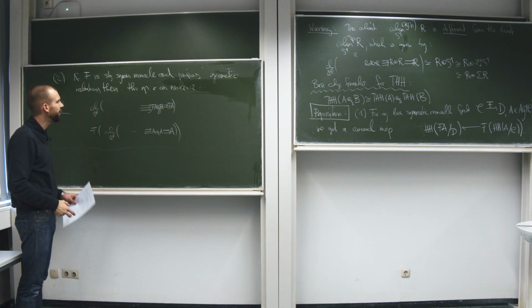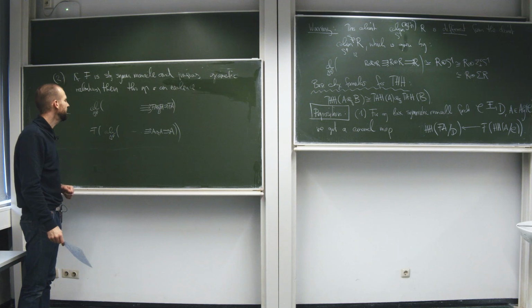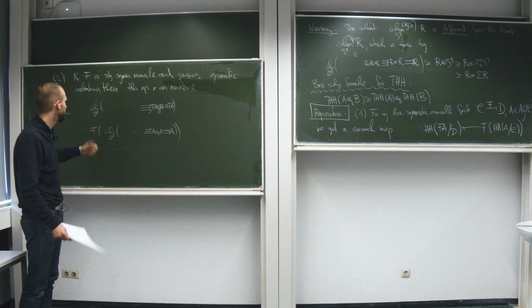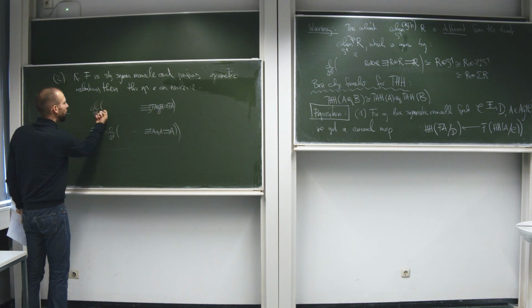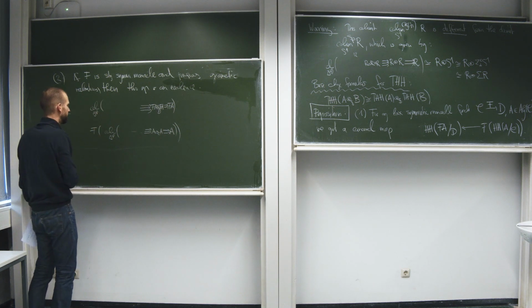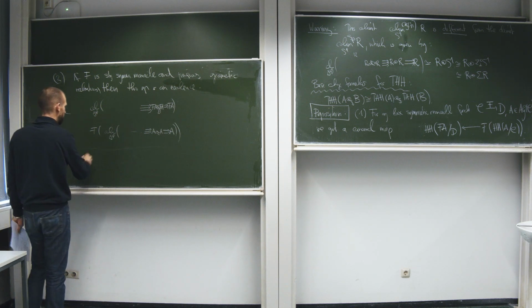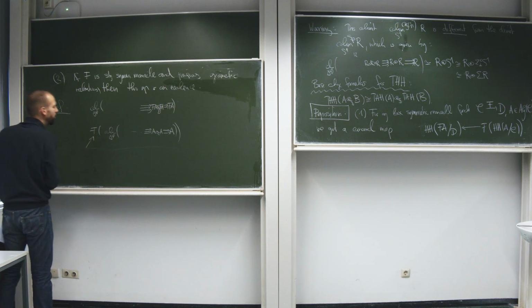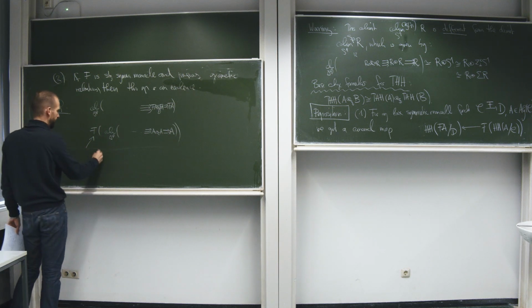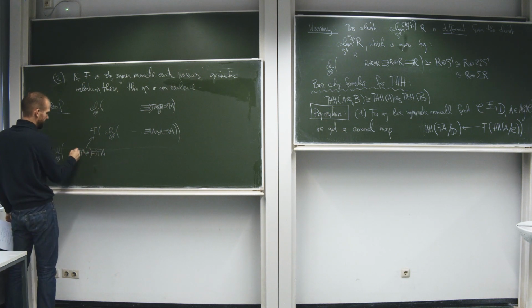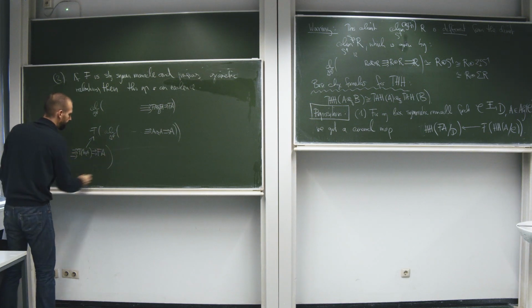And of course, being functorial, I always get a map from the colimit of F applied to the diagram into F of the colimit of the diagram. So I get a map from the colimit over Delta op of F of this diagram, F of A, then F of A tensor A, and so on.